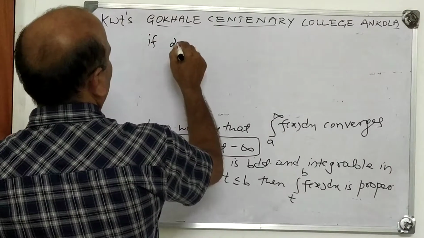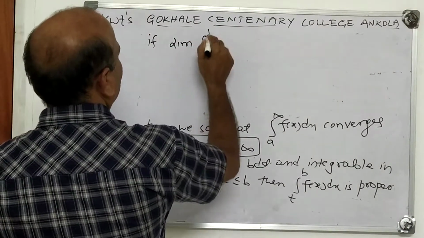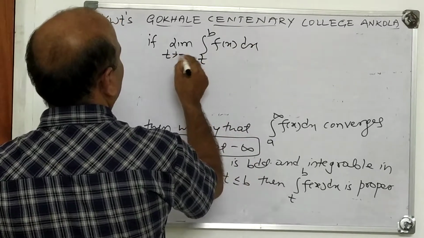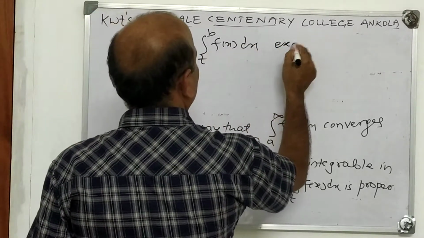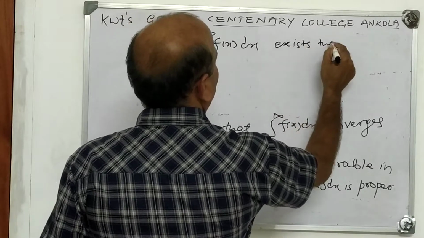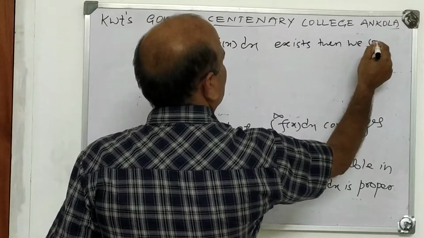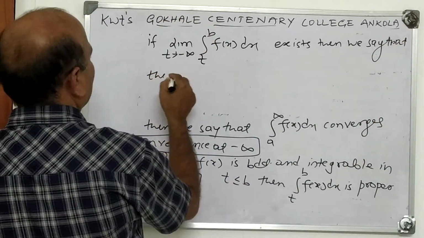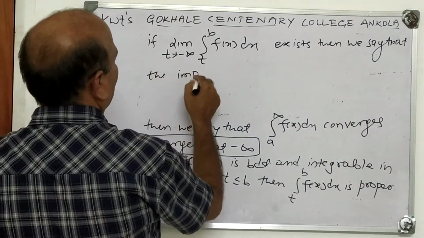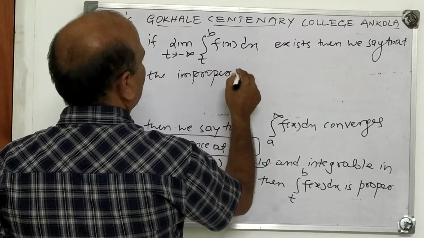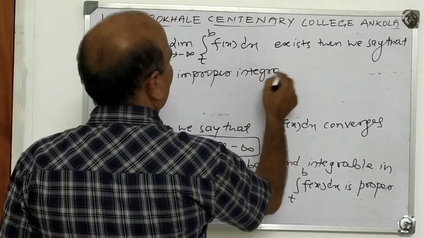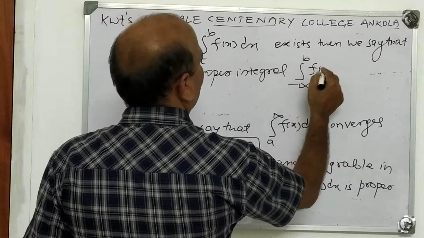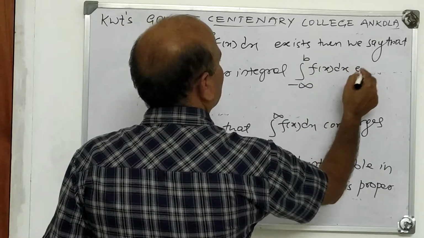If the limit of the integral t to b f(x) dx as t tends to minus infinity exists, then we say that the improper integral minus infinity to b f(x) dx exists.